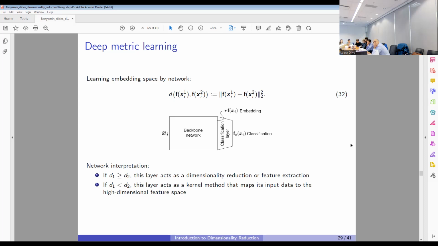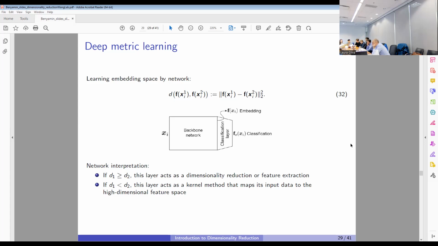Consider the layer before the classification layer. That layer has informative features, because in that layer you must have discriminated the classes so that in the label layer they become separated. Therefore, you can consider that as the embedding layer. This is what we can consider as deep metric learning.